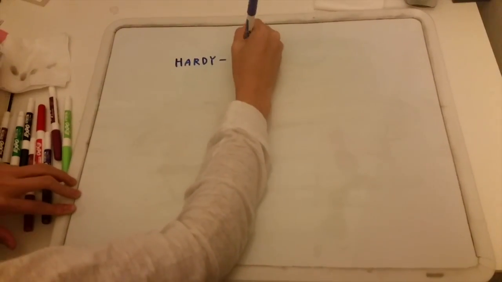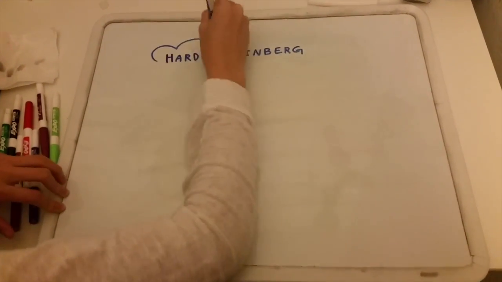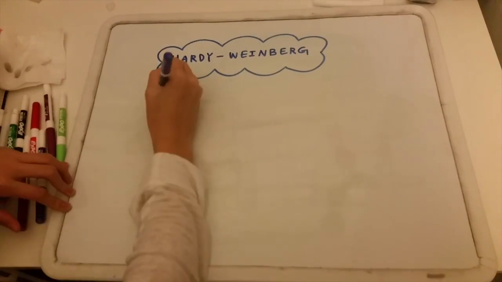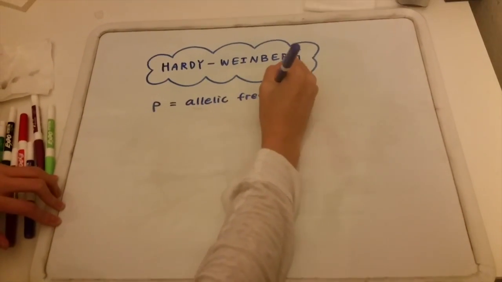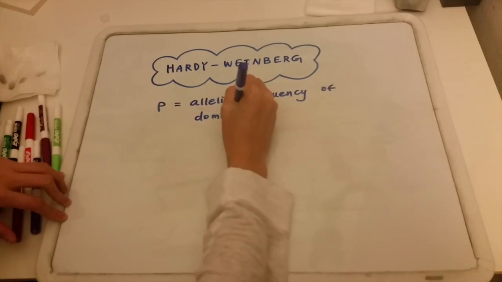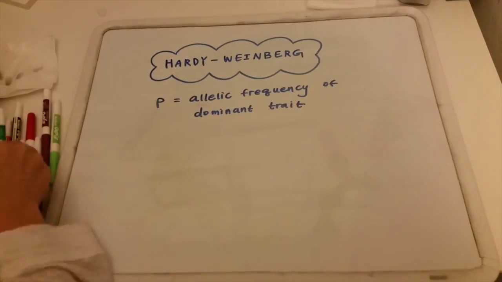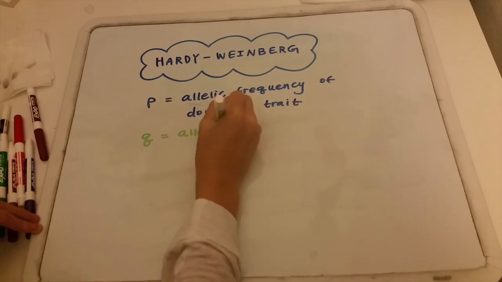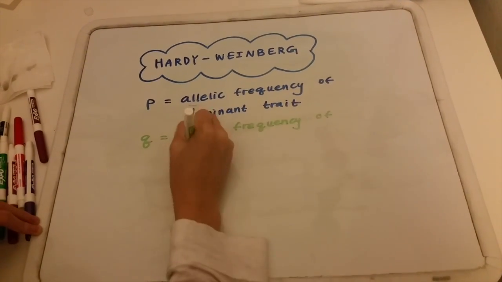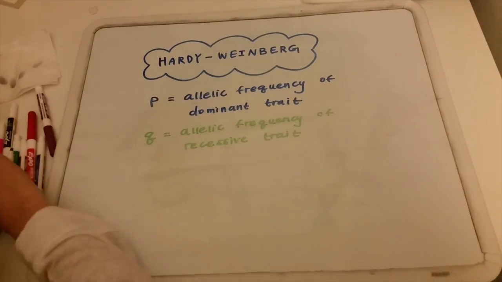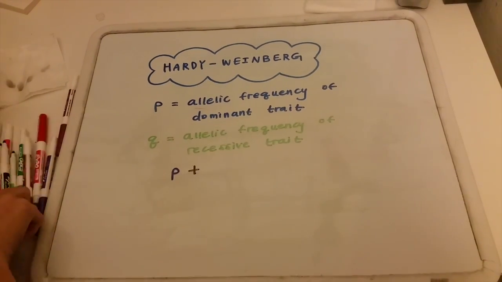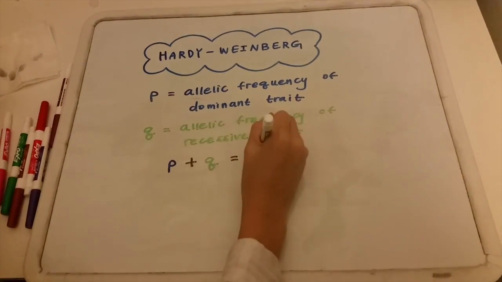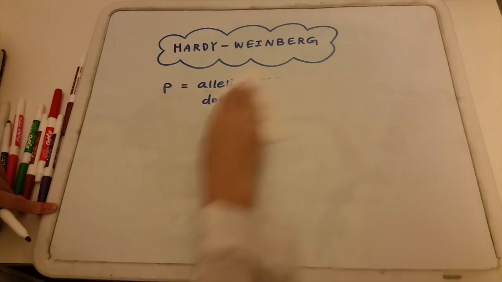Next, we will be going over Hardy-Weinberg equilibrium. P represents the allelic frequency of the dominant trait. Q represents the allelic frequency of the recessive trait. Thus, P plus Q equals 1.